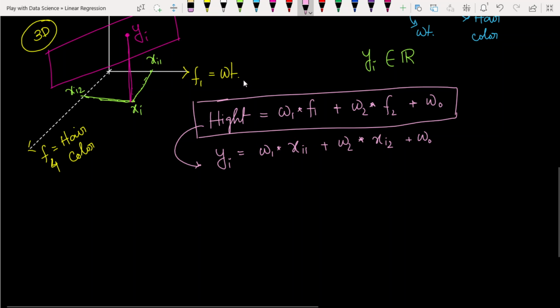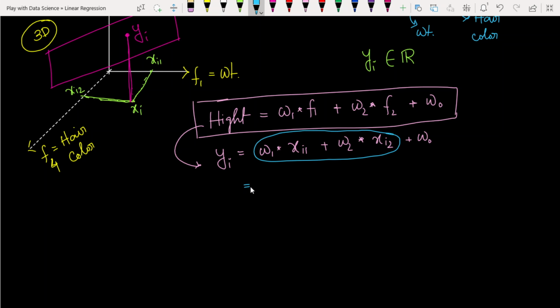If we just see this term, this means w transpose xi.